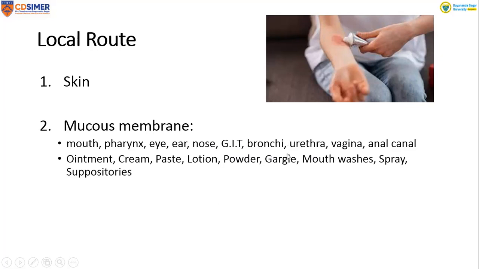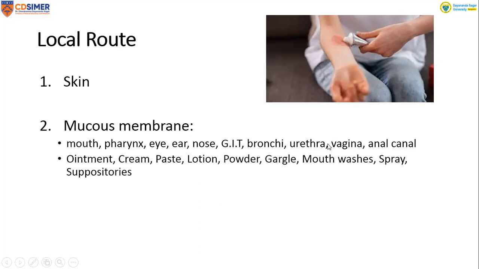And again, urethra. So urethra is another important area, especially. So we can use this route like a urinary route for treating the gallbladder, and also local urethral infections can be treated.